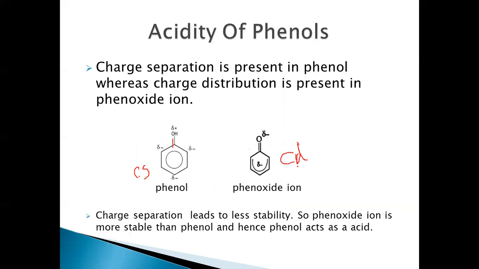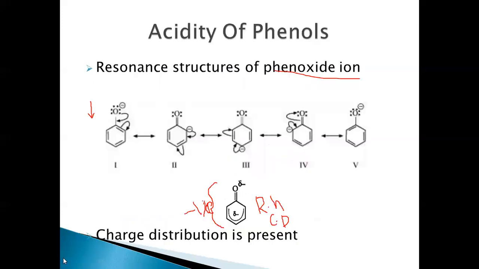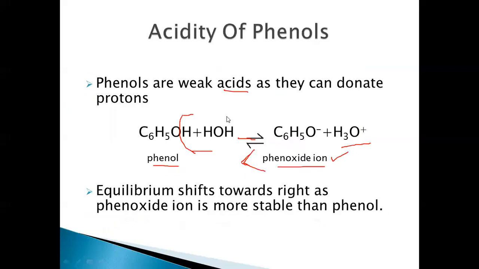Because of this, the phenoxide ion is more stable, and so the equilibrium shifts towards the right side, resulting in the proton donation. And if it donates a proton, then it acts as an acid. So phenols act as weak acids.